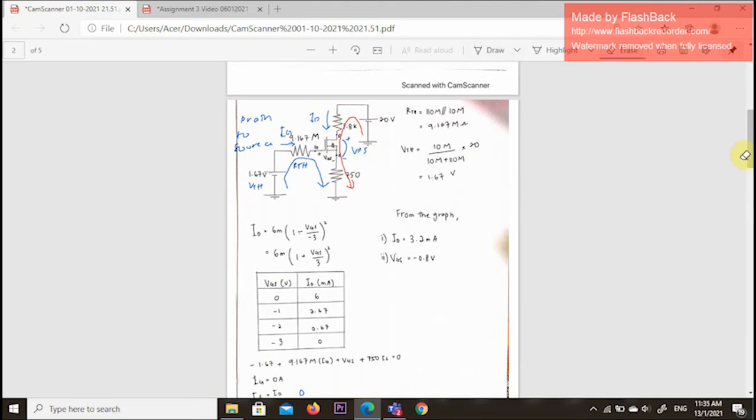To find the values of VD and VS, we need to create another circuit. Okay, we create this.